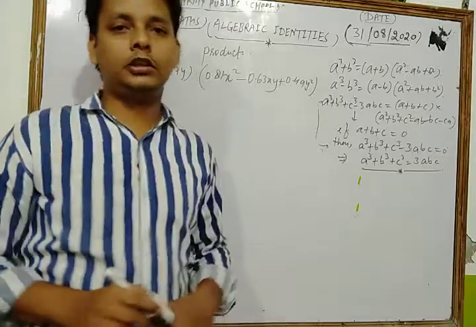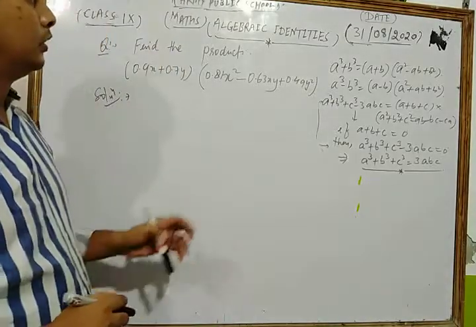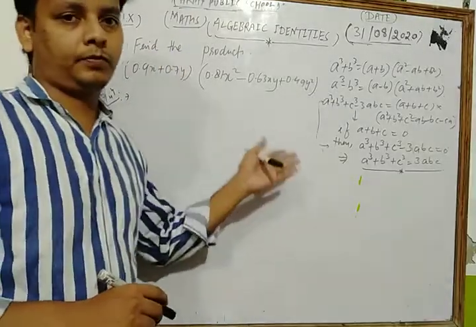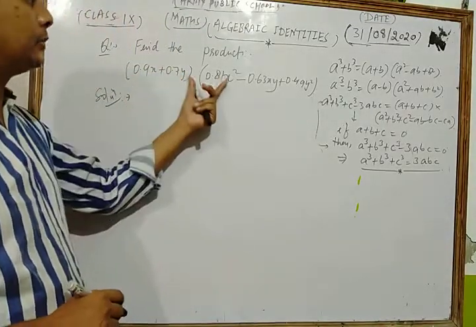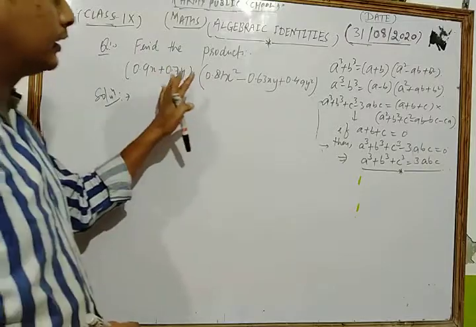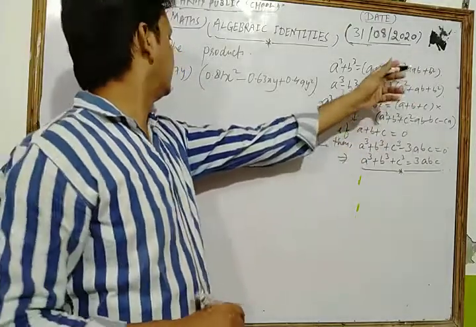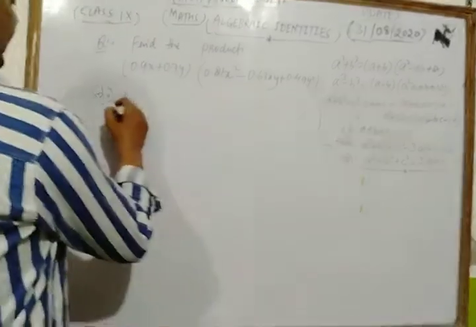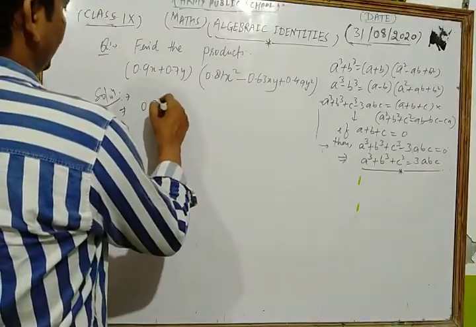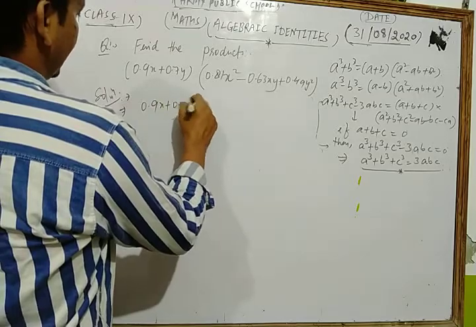Dear students, this problem we solve the same as the previous question. Here, this is the form of a plus b, and in another bracket a square. We convert this expression into that format. Now look, we write 0.9x plus 0.7y as it is.